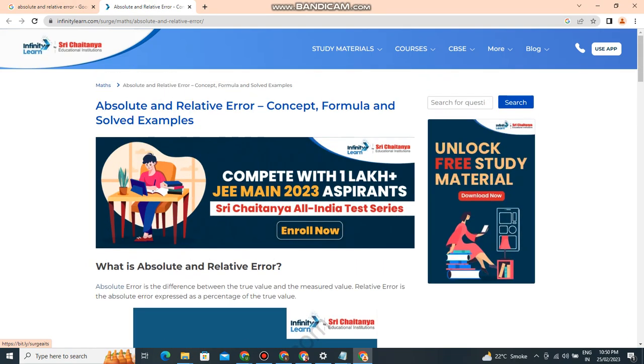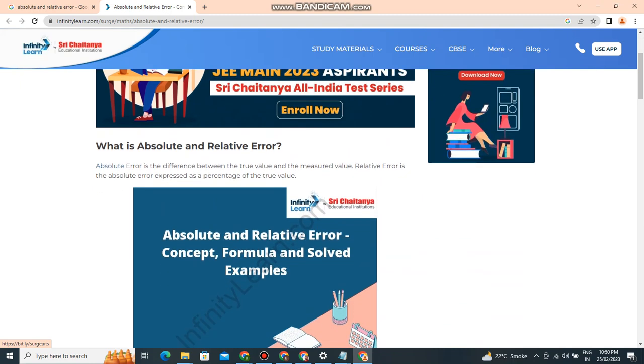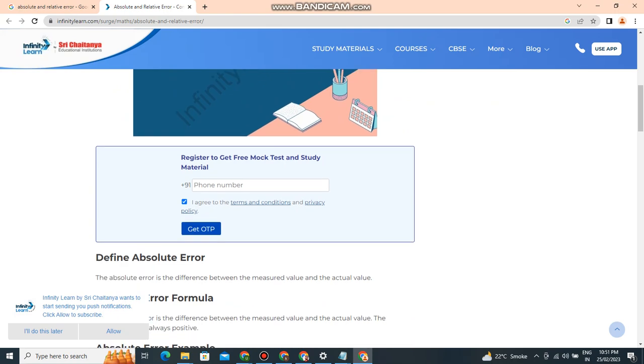Absolute and relative error: concept, formula and solved example. What is absolute and relative error? Absolute error is the difference between the true value and the measured value. Relative error is the absolute error expressed as a percentage of the true value.